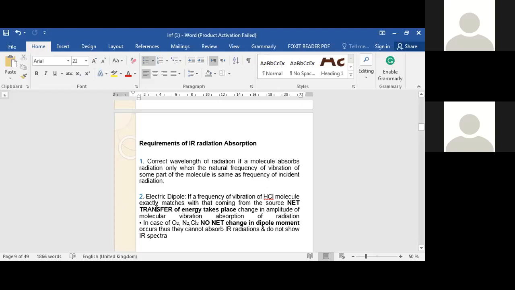Another thing, electric dipole. If the frequency of vibration of HCl has a dipole moment exactly matching that coming from the source, meaning the light of the instrument, then the IR will take place, or we can notice the spectrum for the IR.